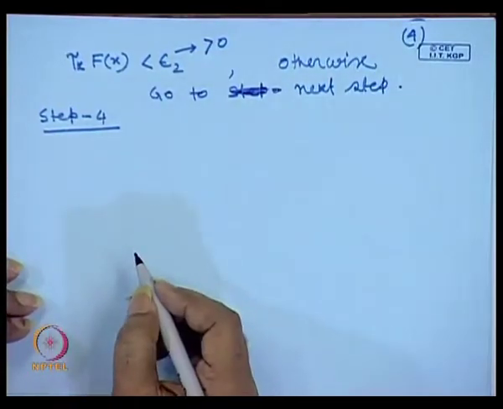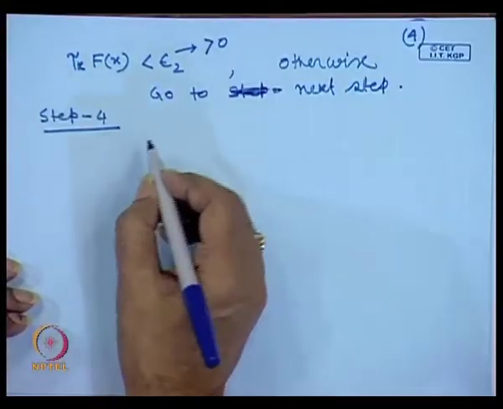What is the next step? You have already got the improved values of x 1 and x 2, from the point which is furthest away from the feasible region, that is now approaching the boundary of the feasible region.